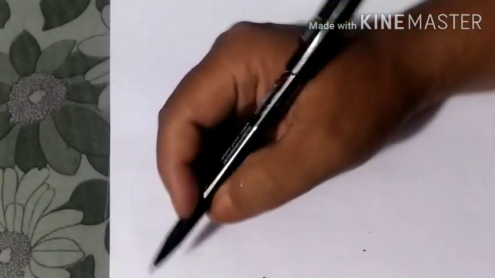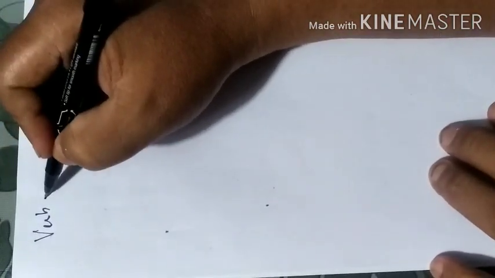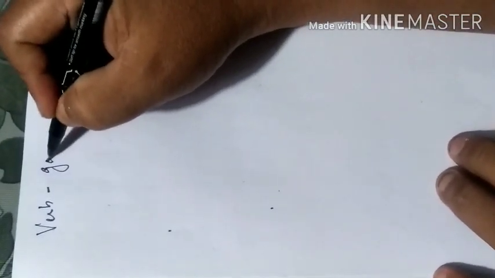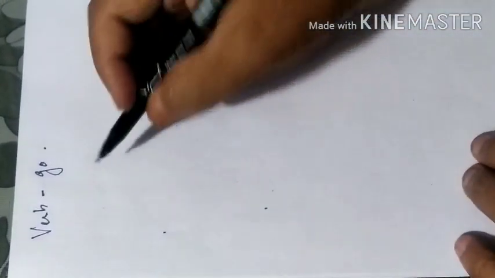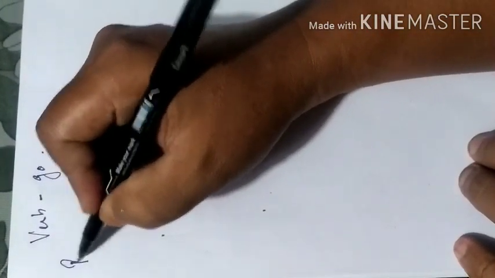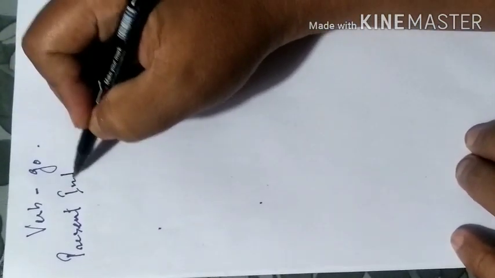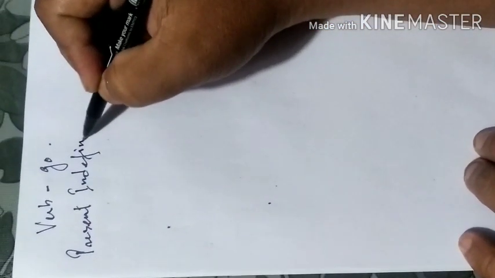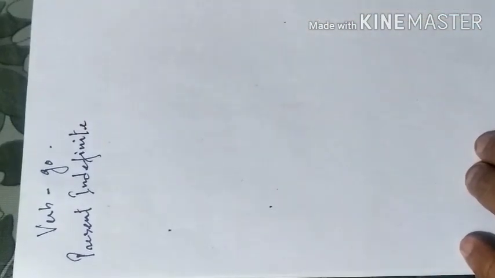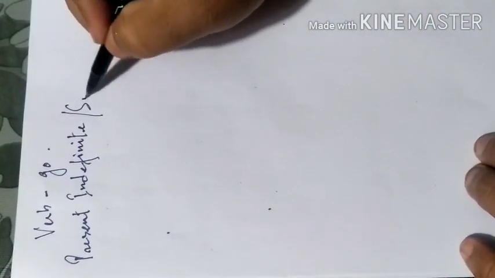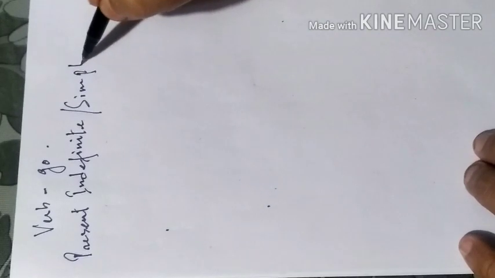Now we are going to use one very simple verb, go, which is very common and simple, and we are going to make sentences in the present indefinite, simple present.